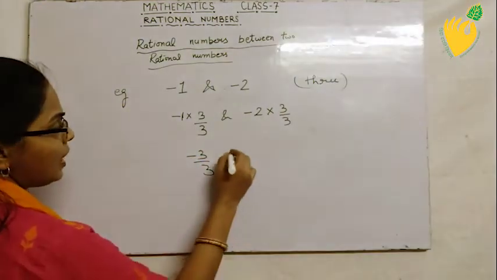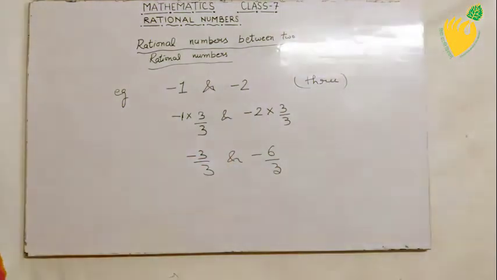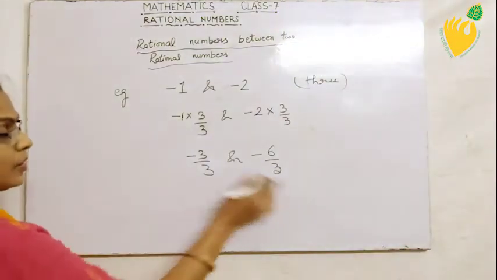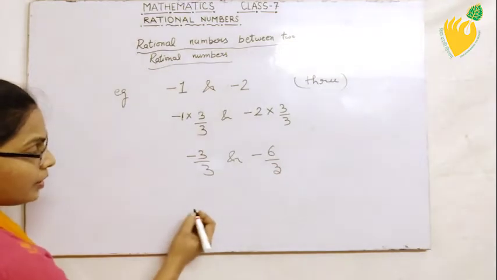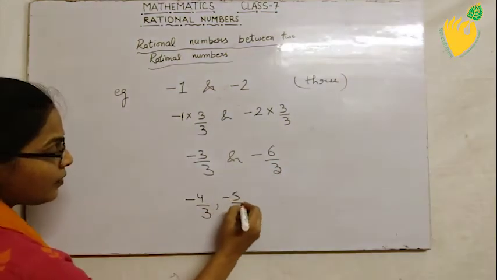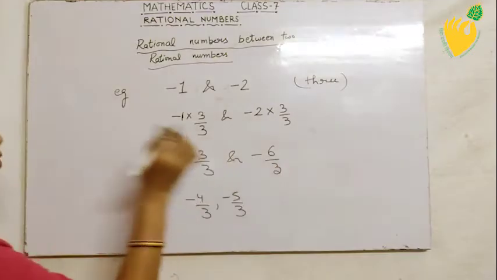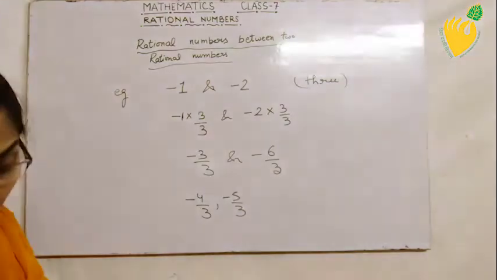So it will be -3 upon 3 and -6 upon 3. Now students, can we write the rational numbers between these two rational numbers? Yes. -3 upon 3 is already there. Now -4 upon 3, -5 upon 3, only 2, we got 2 rational numbers, because then comes -6 upon 3.